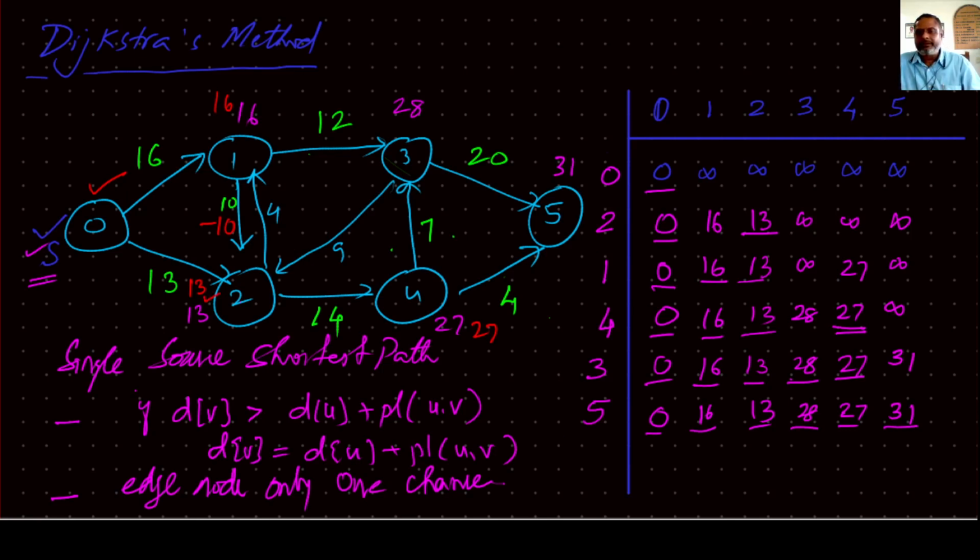Okay, who else next? So after node 2 is used, we have 16, 13 and 27. Right, so the next one is 16. So from 1 you can go to 3 and that makes 28.